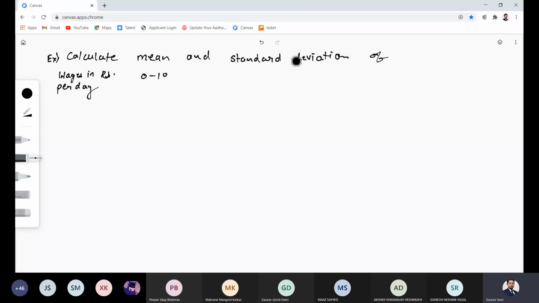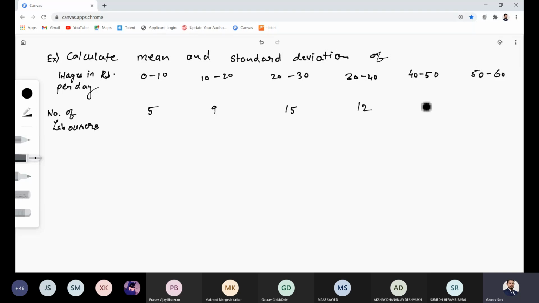So 0 to 10, 10 to 20, 20 to 30, 30 to 40, 40 to 50, and 50 to 60. Number of laborers: 5, 9, 15, 12, 10, and 3.